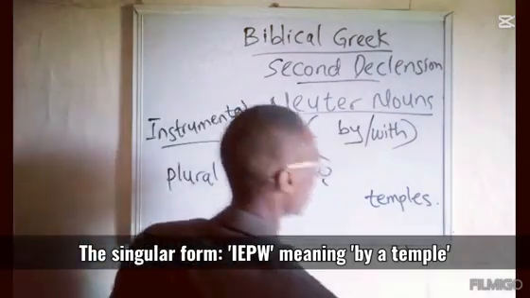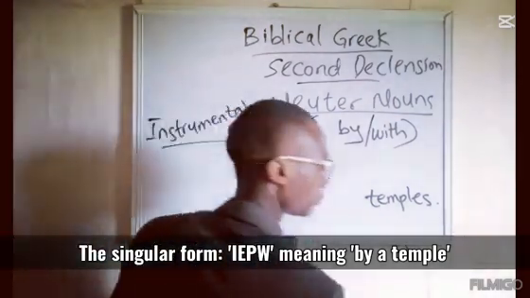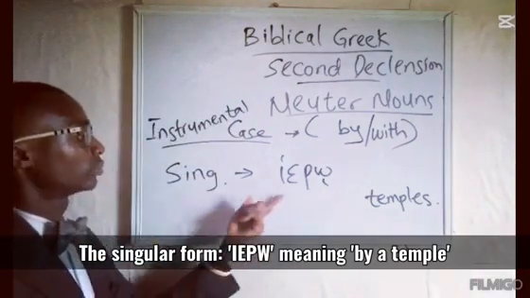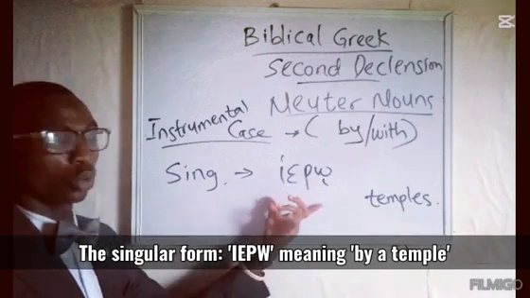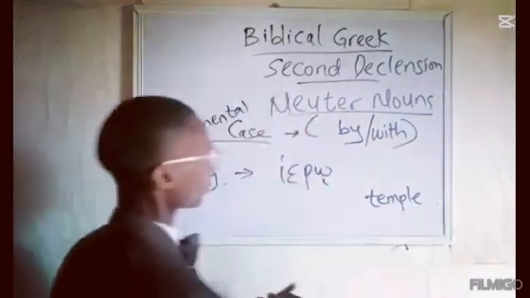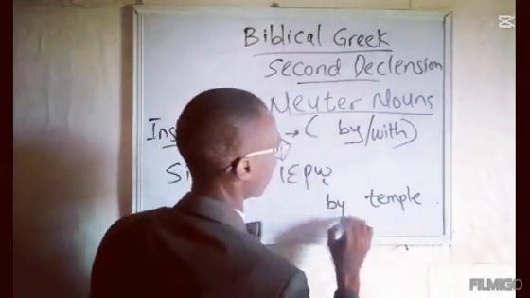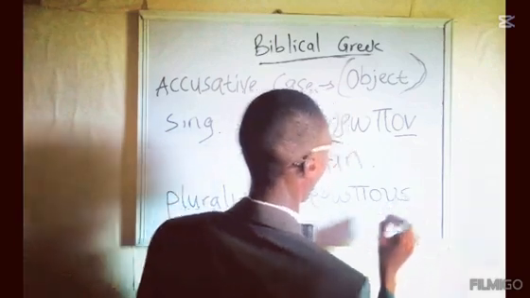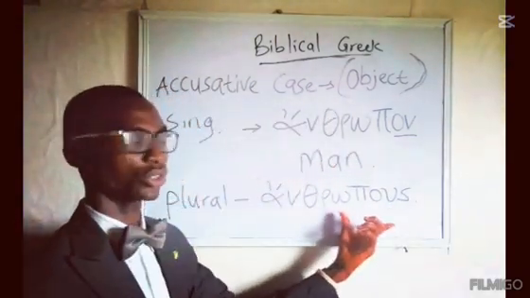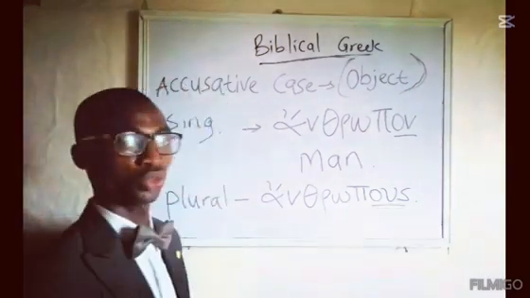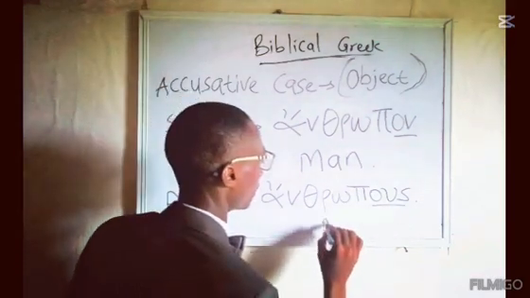Let's have the singular form now: hierō, and it means by. Alright, so anthropos, anthropois, it means men.